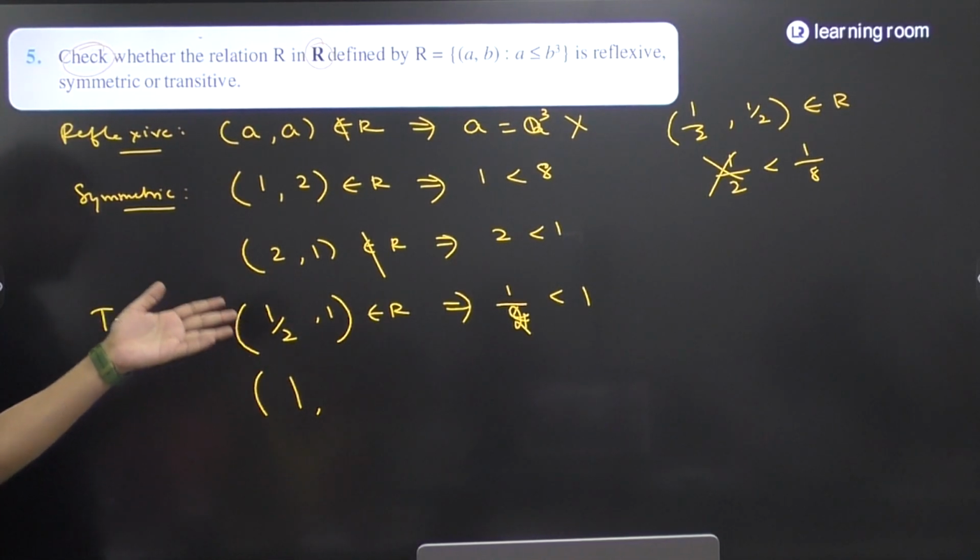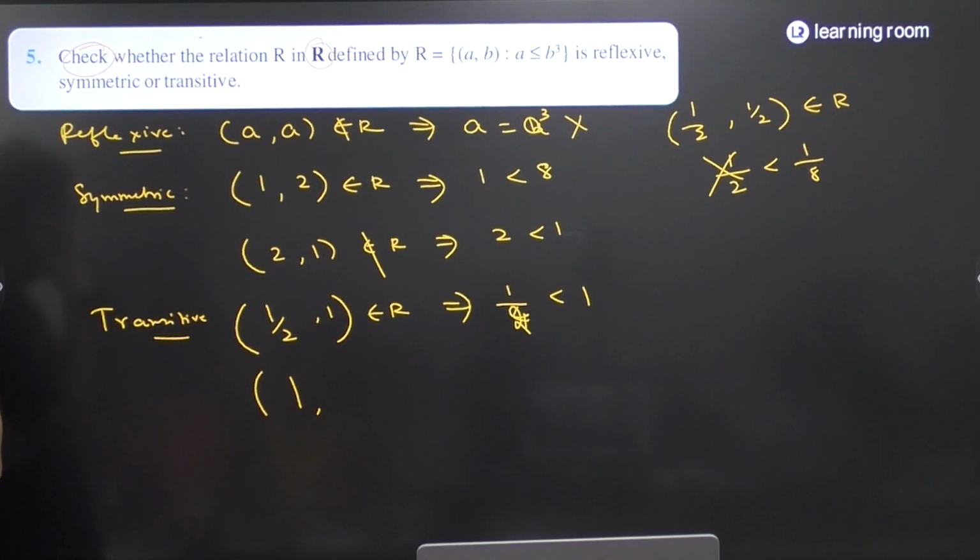No, if I take (1, 1 by 4), I'm trying to say 1 is less than 1 by 64. What should I take? Think in terms of negative. I told you, whenever you have these kind of cubes, think in terms of negative numbers, you'll understand.